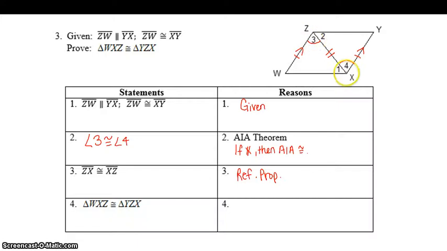So ZX is the same as segment XZ, and so that was reflexive property. And now if you look at this, SAS is your reason that they're congruent. Okay. So I would probably do, I haven't decided if I'll do 1 point per blank or a half point per blank, but marking your picture with all the stuff that you need to mark it for to decide if it's congruent or not, that's worth 1 whole point.